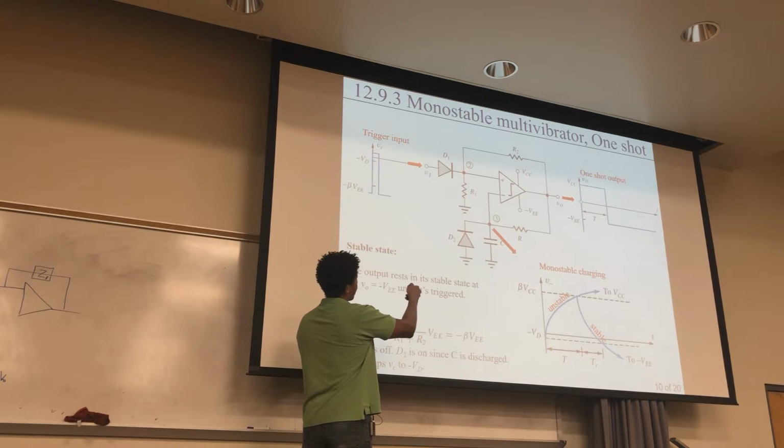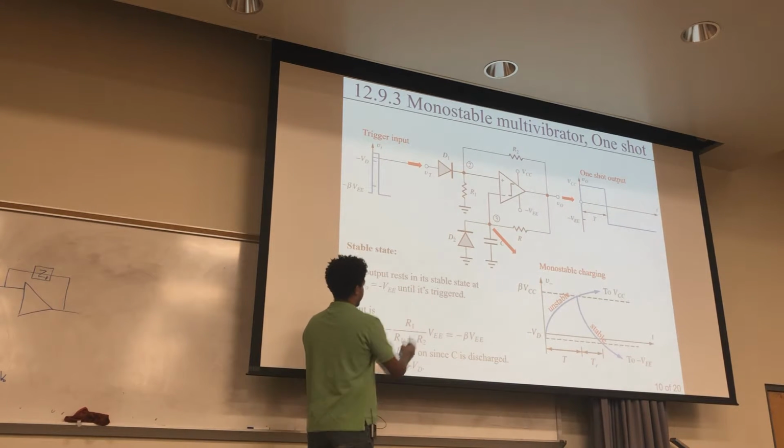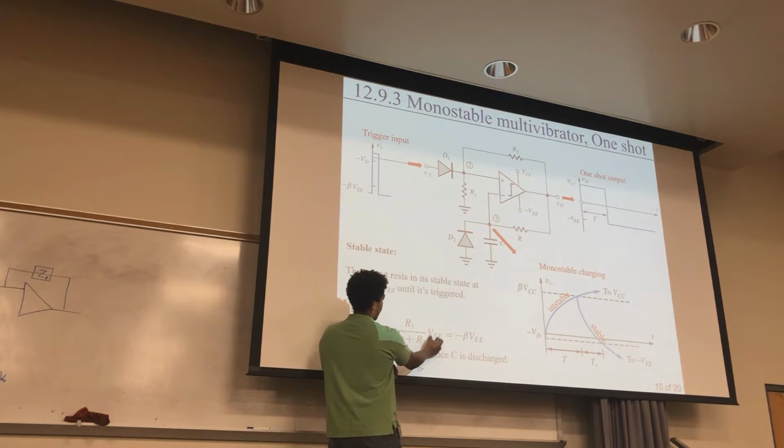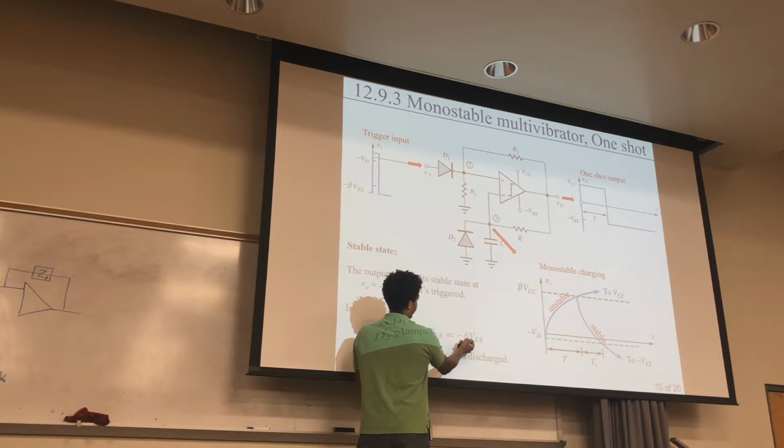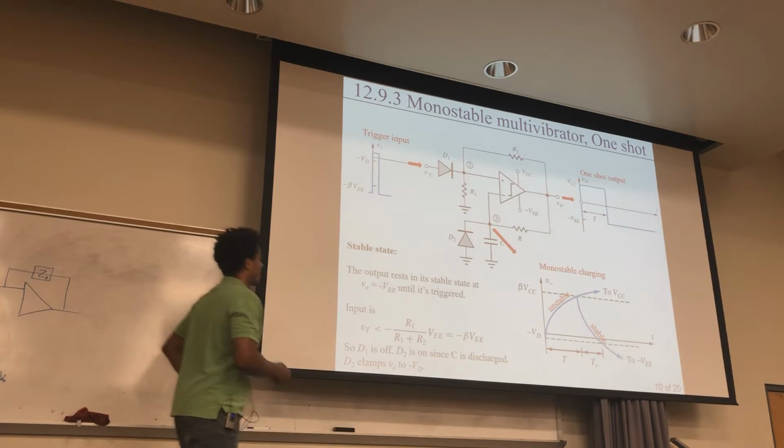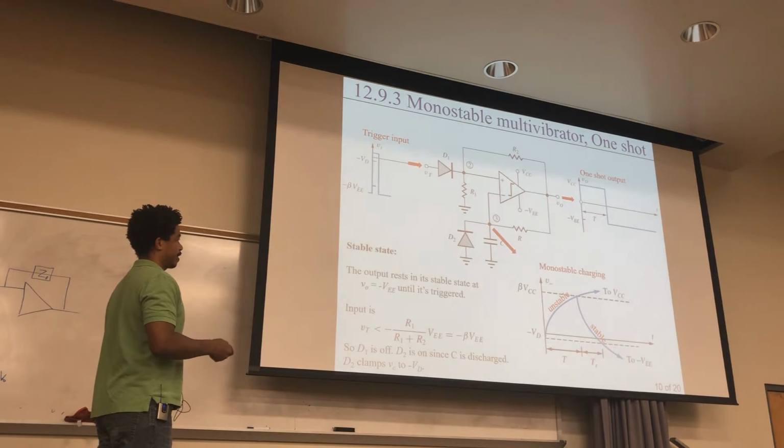This voltage right here is just beta times whatever the output is resting at, VEE or negative VEE. So that's equal to negative beta VEE. That's when it's in the stable state, and it stays there.